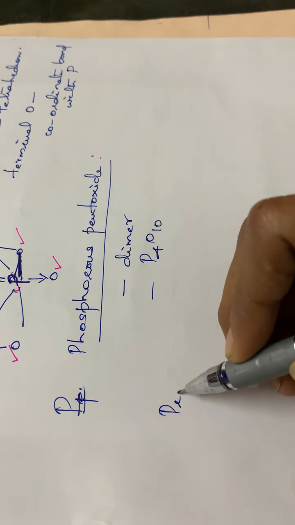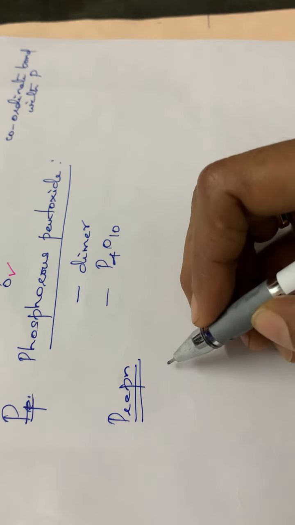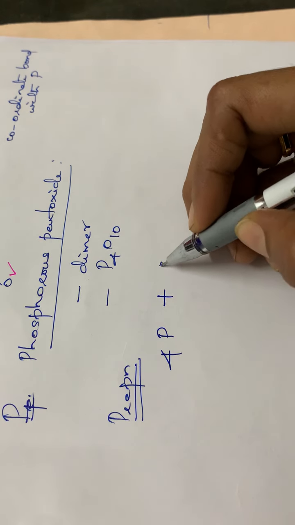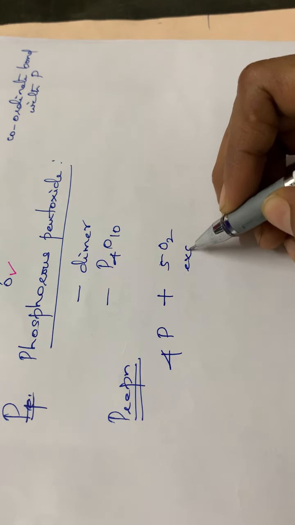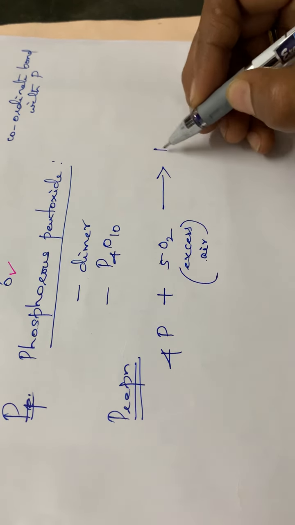Then the next is the method of preparation of this phosphorus pentoxide molecule. Phosphorus will be burning in excess of air to give P4O10.